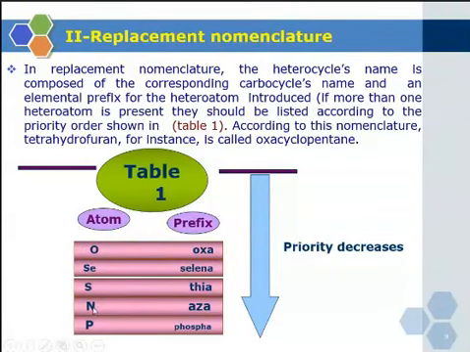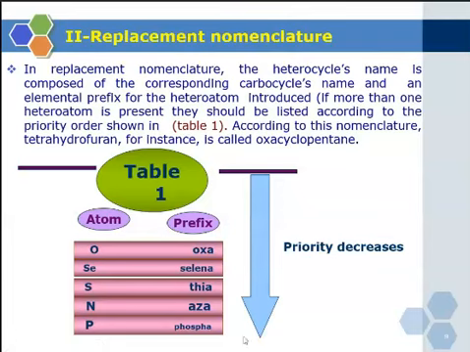Now, what are the commonly used heteroatoms? Oxygen, sulfur, nitrogen, and at times we come across phosphorus and selenium. If oxygen atom is present in the heterocycle, then the prefix oxa is attached. For selenium, selena. For sulfur, the prefix used is thia. Likewise, for nitrogen, the prefix used is aza, and for phosphorus, the prefix used is phospha.